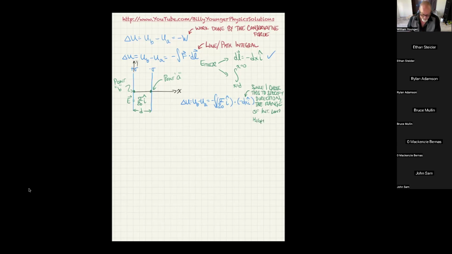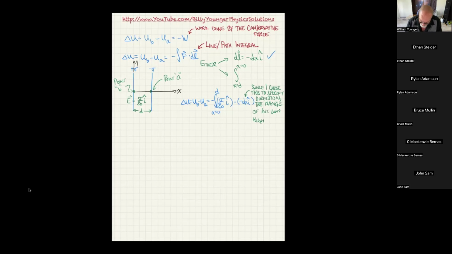So what that means is, in this case, I'm going to go from x equals 0 to x equals d. So notice in this case, I'm actually going from x equals 0 to x equals d. That tells me what direction I'm going.